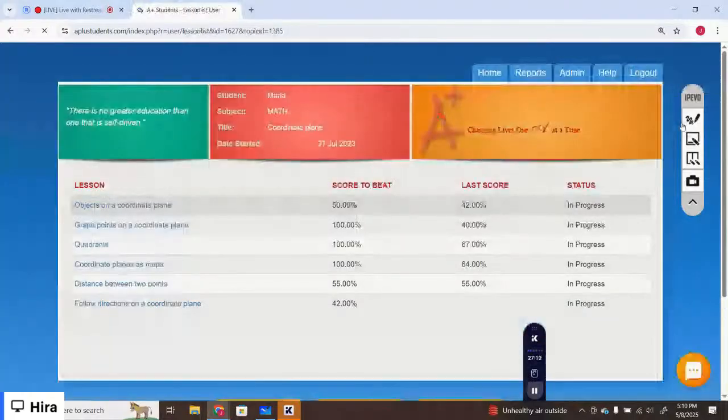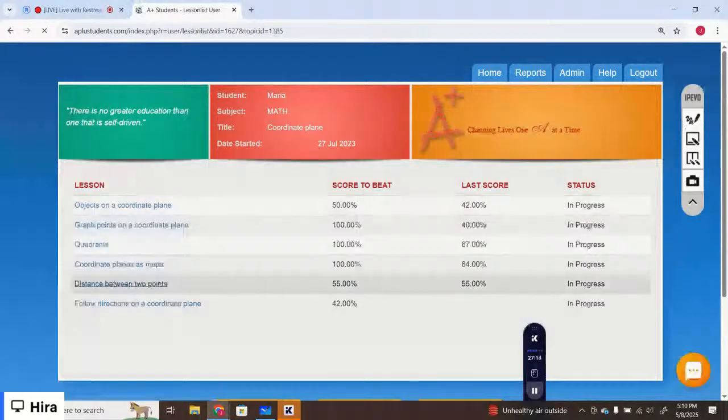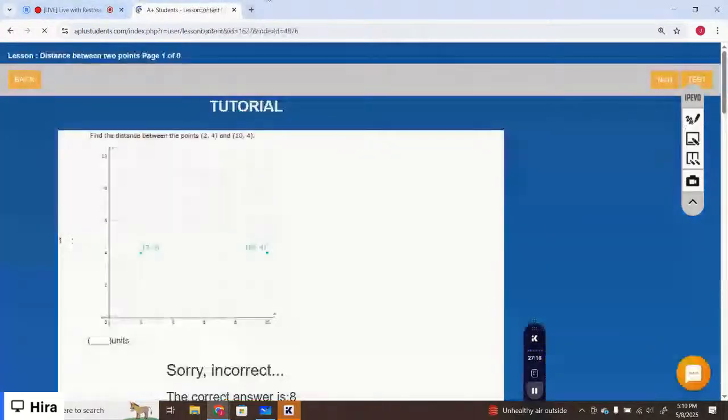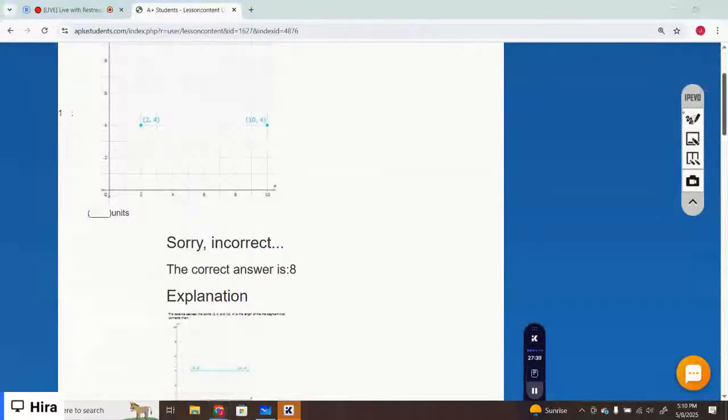The next lesson is distance between 2 points. So now we're going to learn how to calculate the distance between 2 points. Find the distance between the 2 points 2, 4 and 10, 4. The points have the same y coordinate, right?